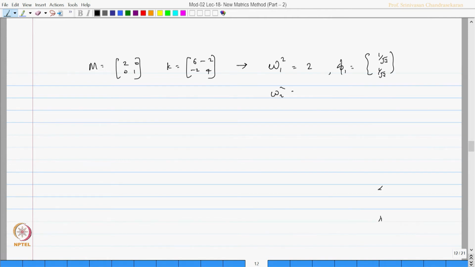Similarly, omega 2 square is 5, and the corresponding phi 2 I will get as 0.5 root 2 by 3 and minus root 2 by 3.